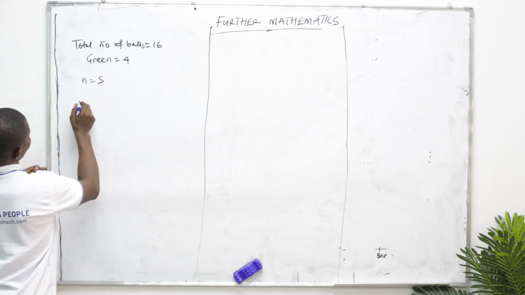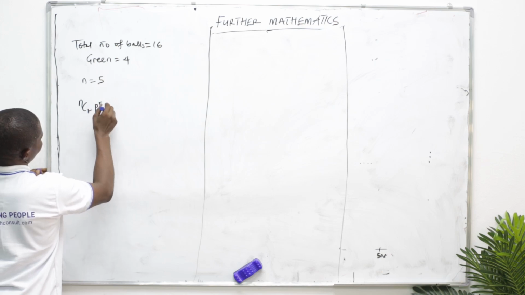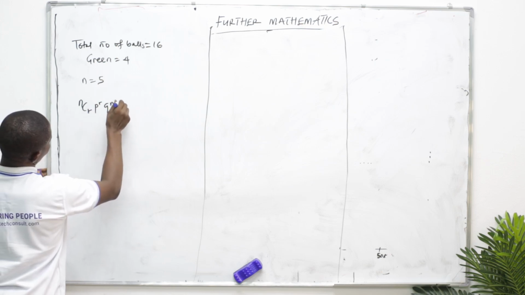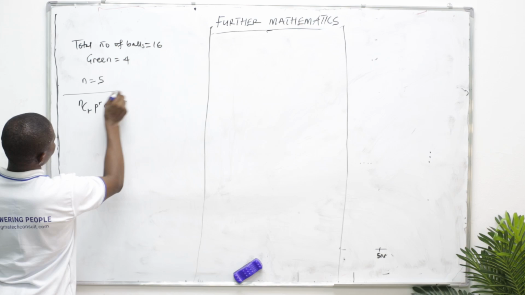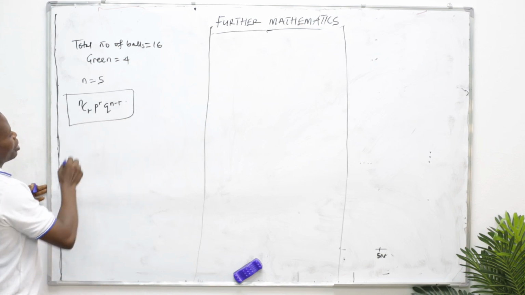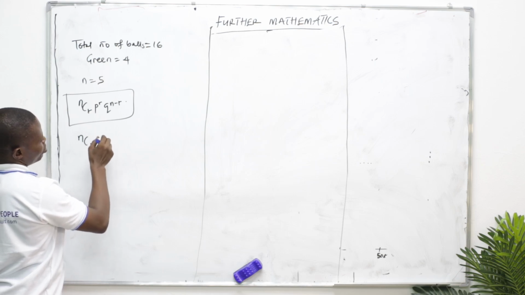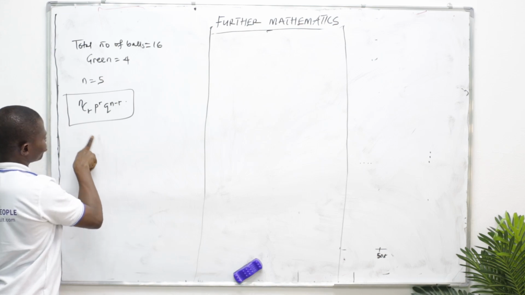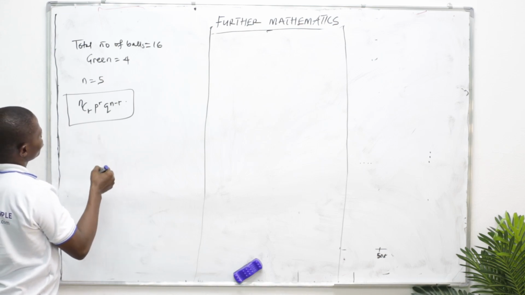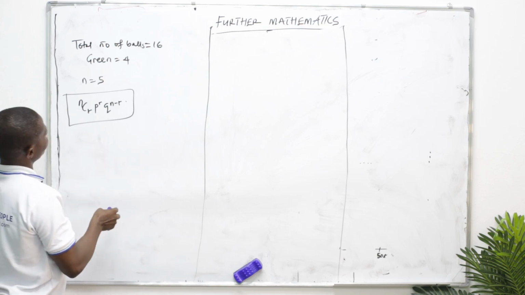That is n combination r into p raised to the power r, q raised to the power n minus r. This is what they are talking about. This formula, where n combination r could be the P(r), probability of 0, 1, 2, depending on the number.